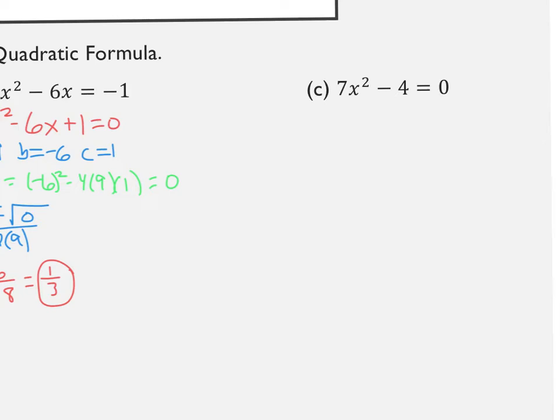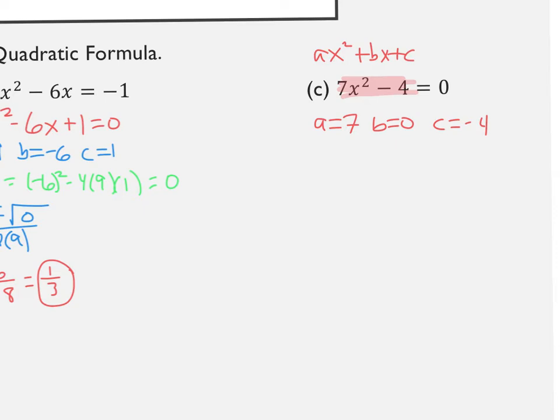If we look at C, notice our equation already equals 0, which is great. So we can go through and identify A, B, and C. So A is 7, B is 0, and C is negative 4. Remember, I'm thinking in my brain, ax squared plus bx plus c. Because there is no x to the first power in our quadratic equation, the b value is just 0.